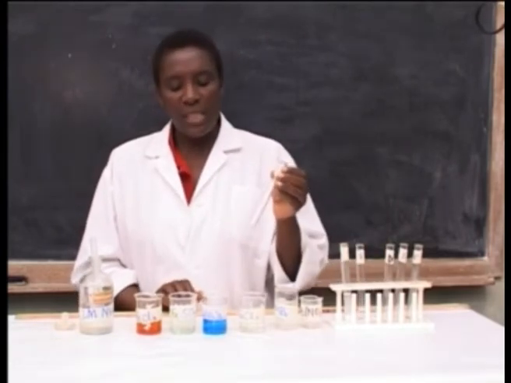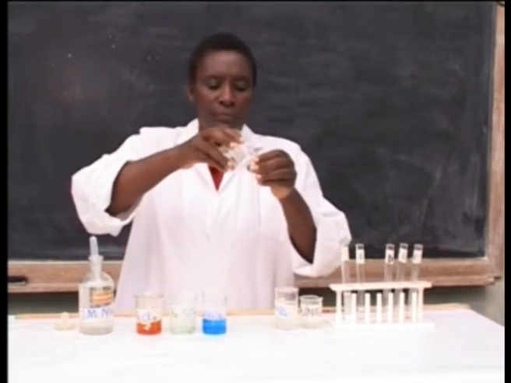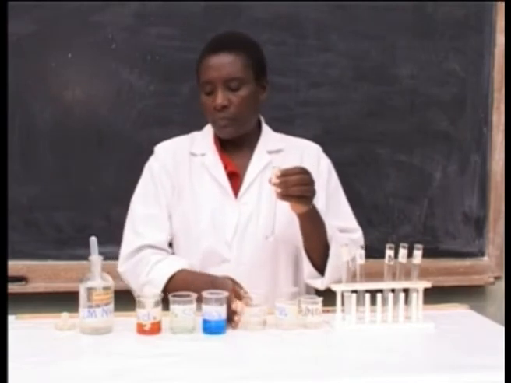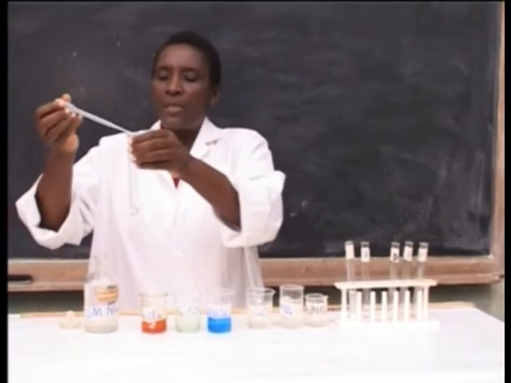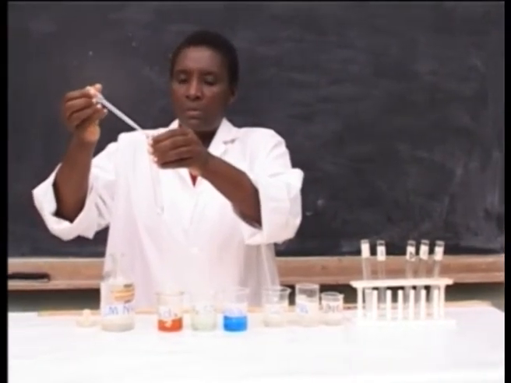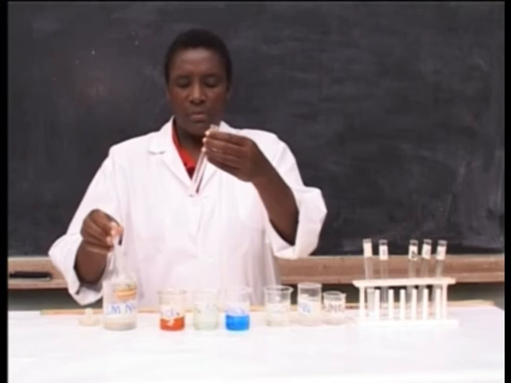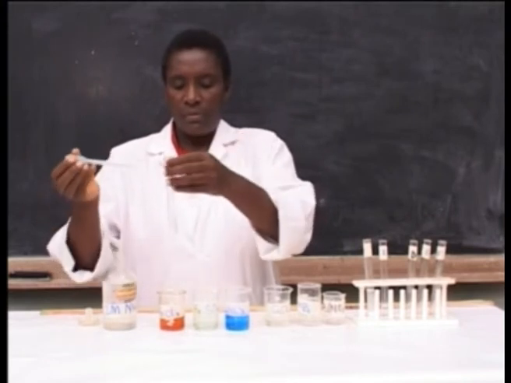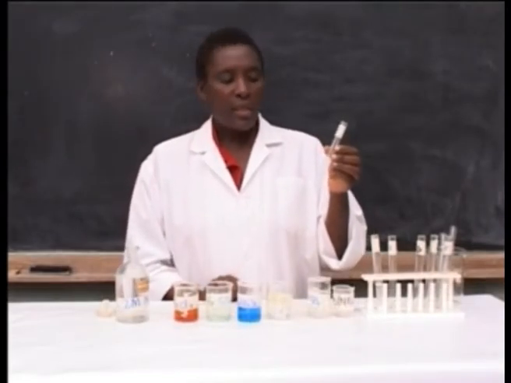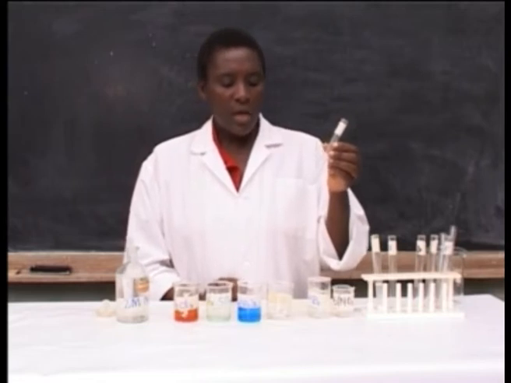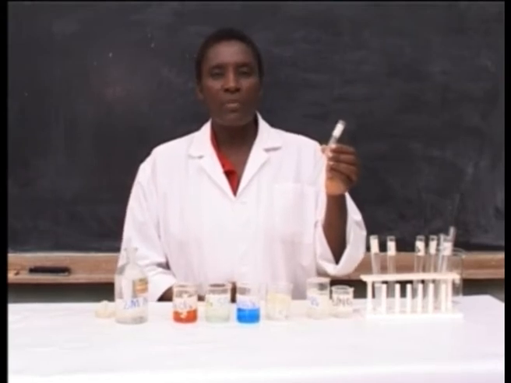Take test tube C, put calcium chloride solution, add ammonium hydroxide solution in dropwise. In excess of ammonium hydroxide, there is a formation of calcium hydroxide which is insoluble in ammonium hydroxide solution.